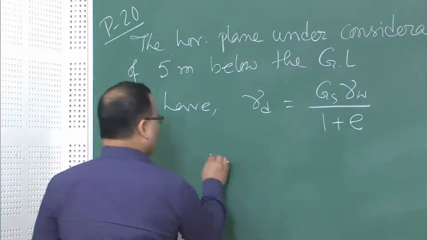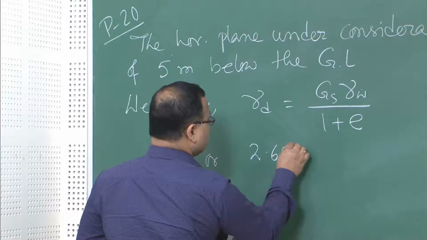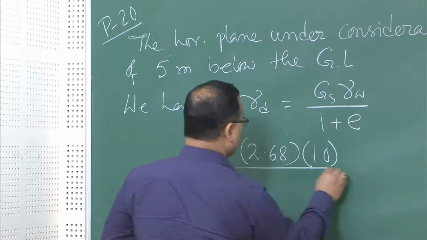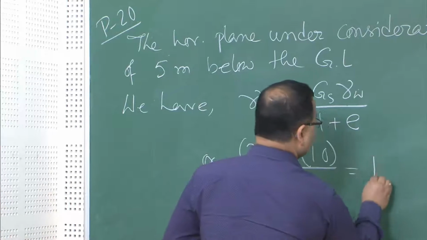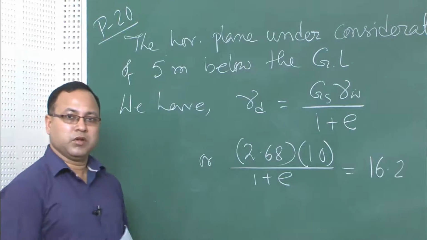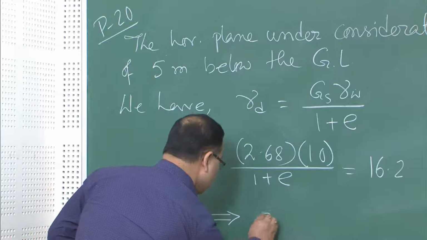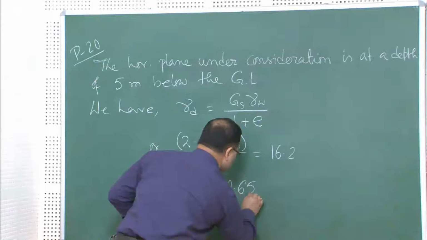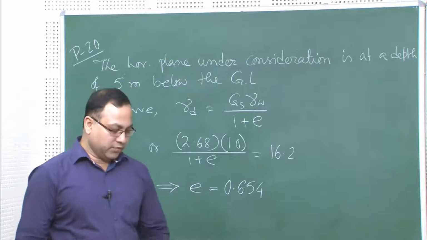So, 2.68, that is the specific gravity, into gamma w by 1 plus e is equal to 16.2 kilonewton per meter cube, that is given in the problem. Gamma d is given. So, from this I can get the value e equal to 0.654, that is, the void ratio is 0.654.